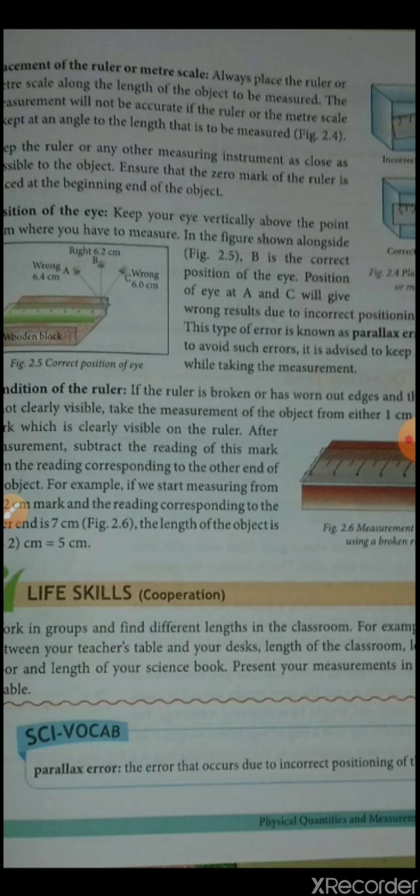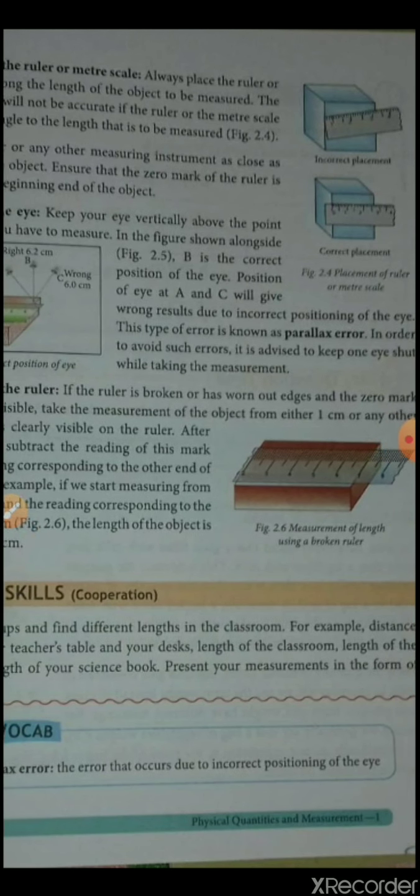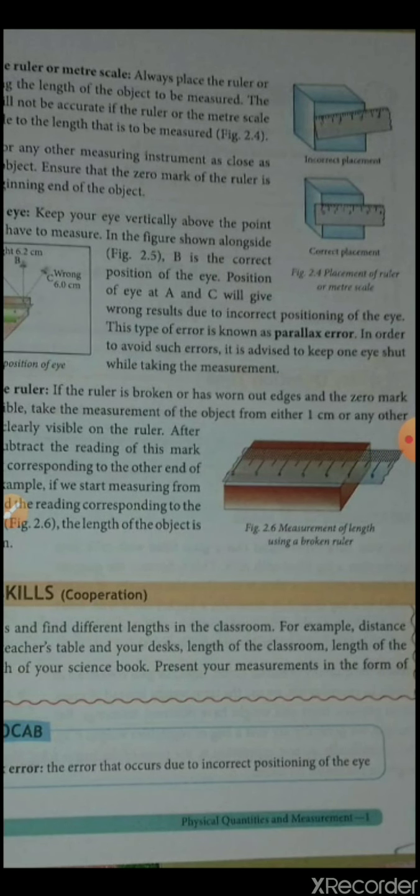If you want to take a reading, you keep your scale in a proper manner, but if you don't look straight into it and look sideways and note down the reading, that reading is called parallax error, which gives us wrong results. So this error caused by wrong positioning of the eye is called parallax error.